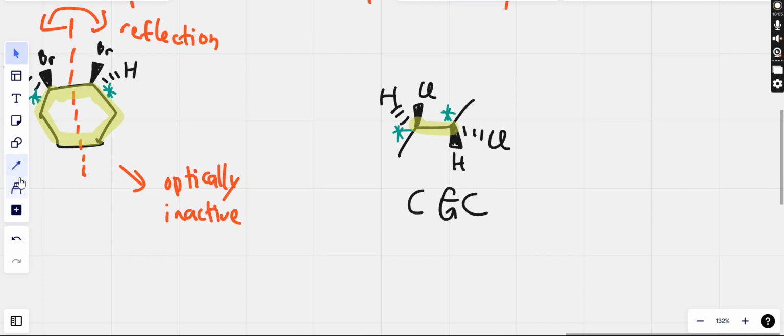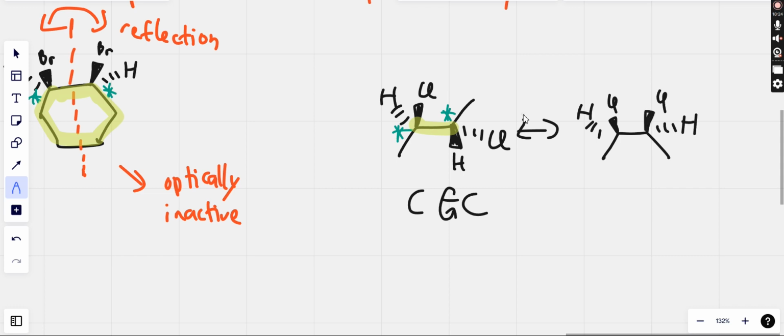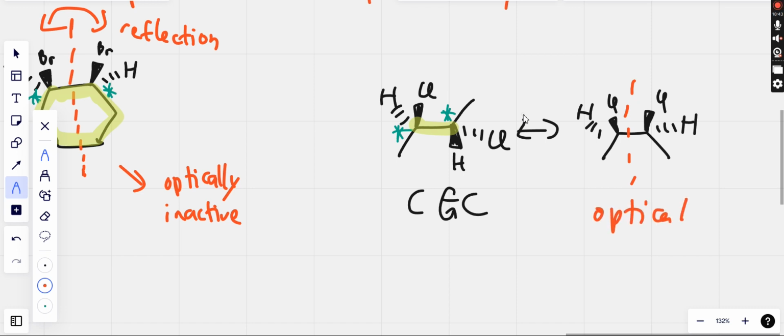So if you rotate this bond in this manner, you will get this molecule: chlorine, hydrogen, chlorine, hydrogen. The chlorine from the back comes up, the hydrogen floating out of the plane goes back into the plane, and the CH3 that's going up now is going down. And from here, you can see that there's an internal plane of symmetry. So it's optically inactive.